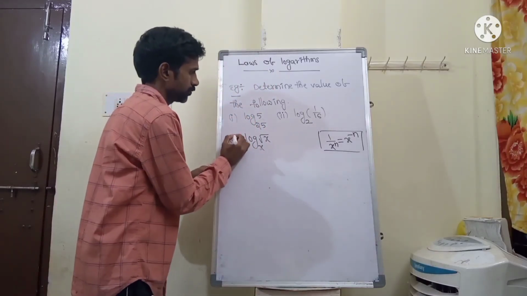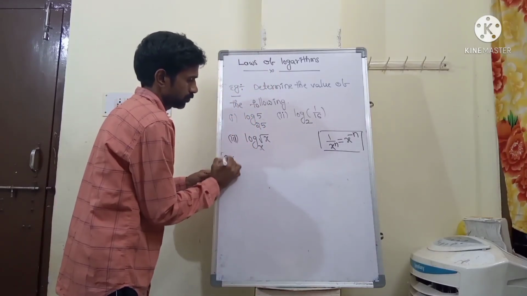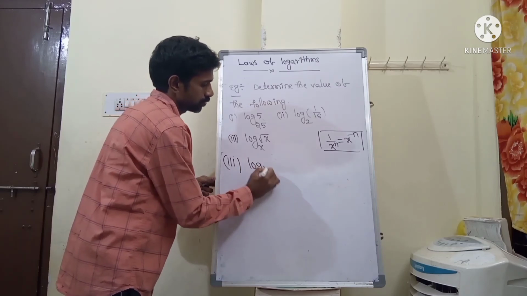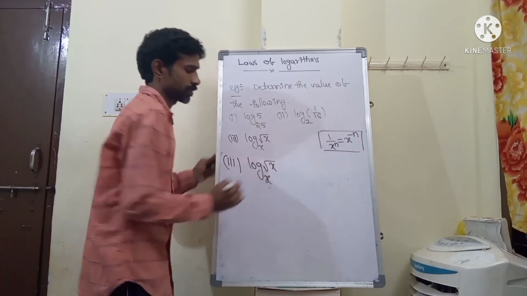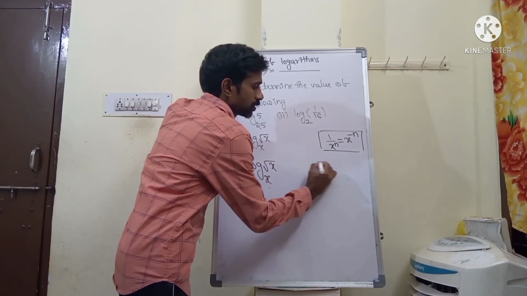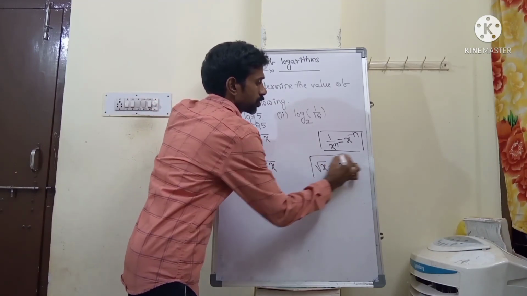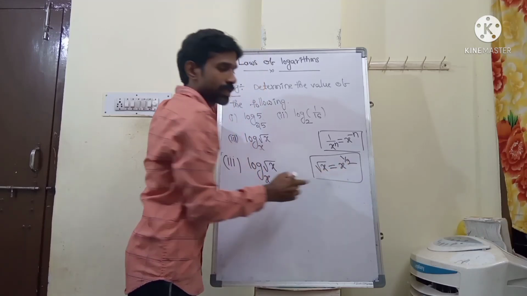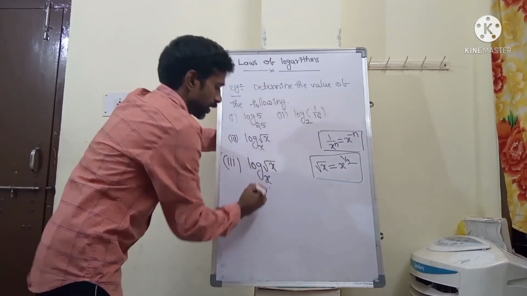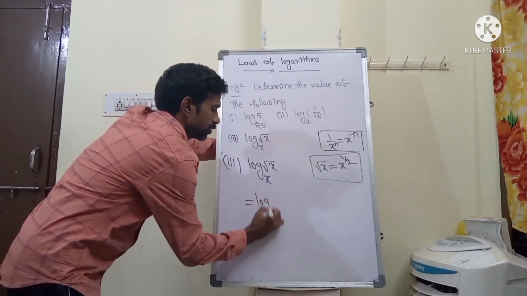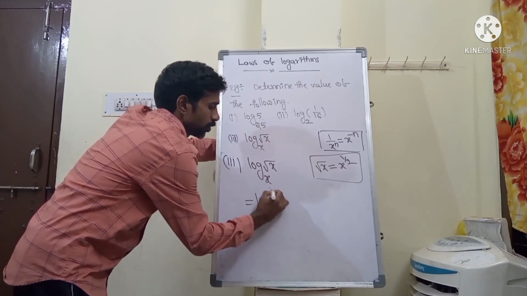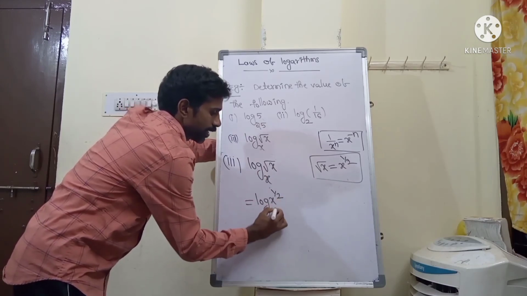Next, the third one: log root x base x. Here root x, the square root, means x power of 1 by 2. So we write log of x power of 1 by 2, base x.